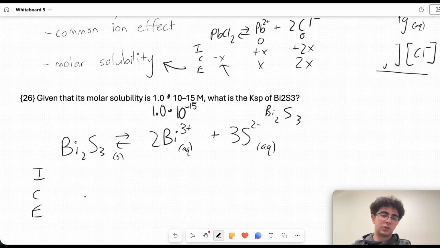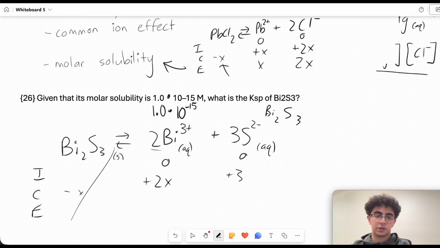And then initially this, we don't really care, it's a solid, but we're going to cheat and say that this is technically minus x. And then we have 0, 0, plus 2x because there's a coefficient of 2 here. And then plus 3x because there's a coefficient of 3 here. This is going to be 2x because 0 plus 2x, 0 plus 3x is 3x.